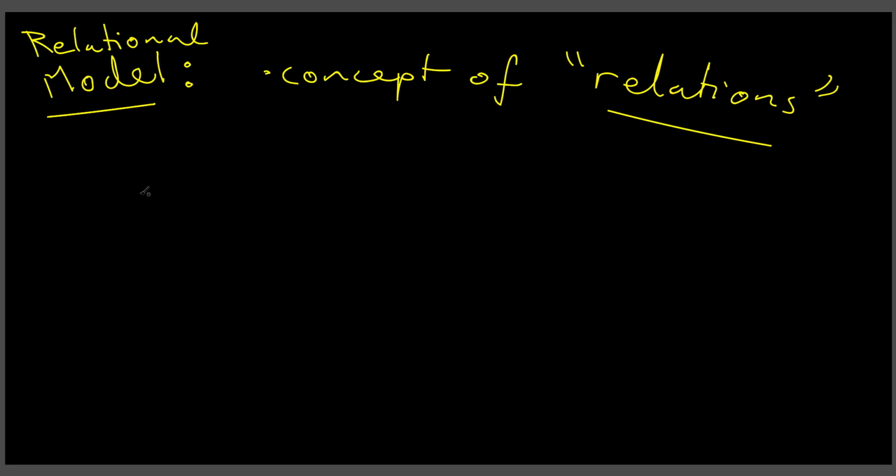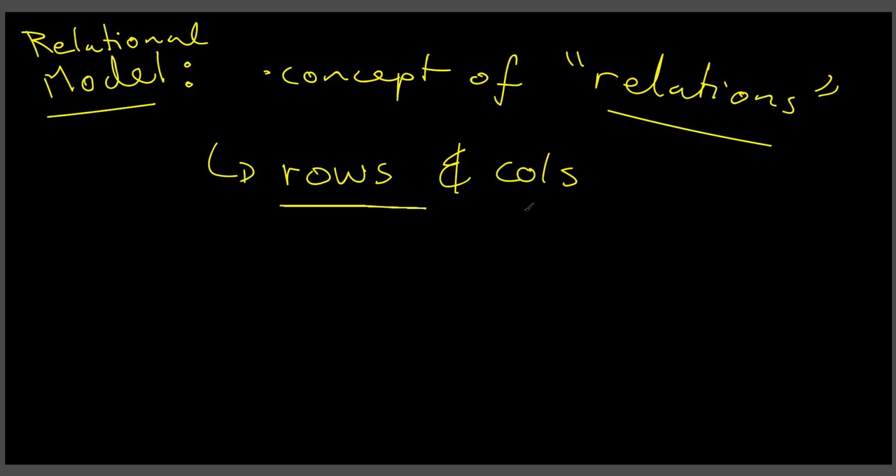Okay, so you can think of relations as rows and columns. You may have heard people talking about tables and SQL tables, and that's exactly rows and columns.